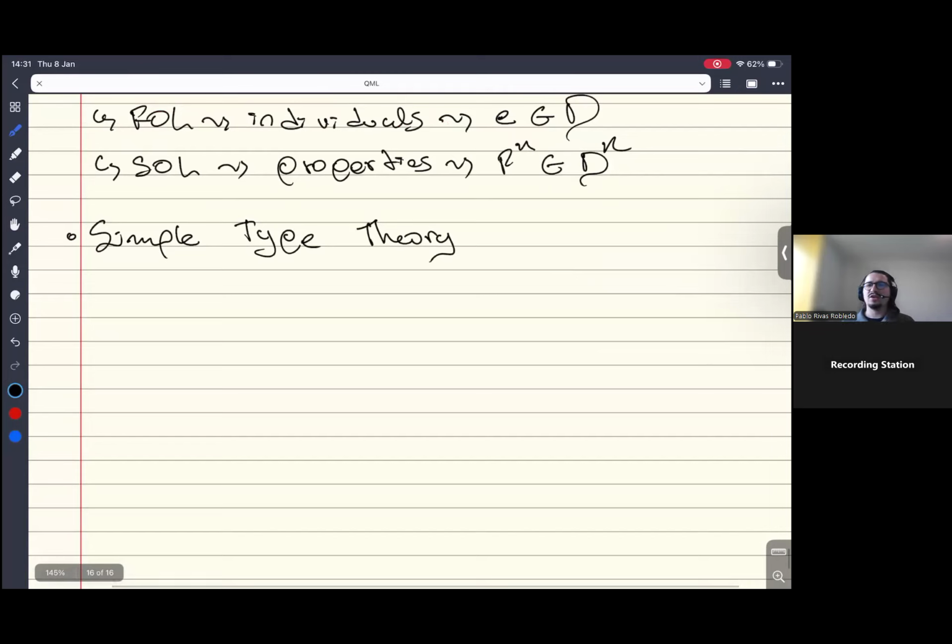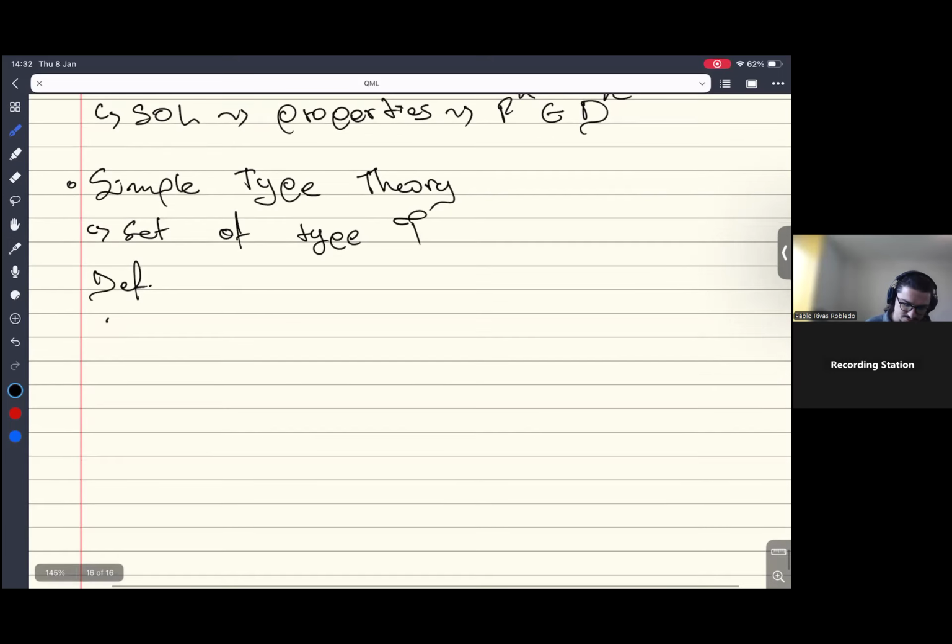I know that simple type theory is taught in the type theory class, of course, and also in proof theory. So maybe my presentation is going to vary a little bit from what you've seen, but I hope that there's not a lot of mismatch. So the idea is that we have a set of types, which we're going to denote as T, and we are going to define it recursively.